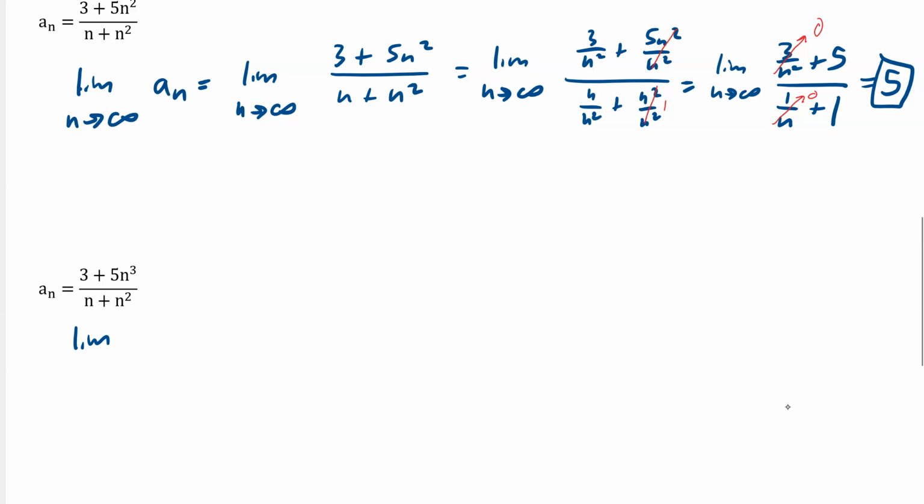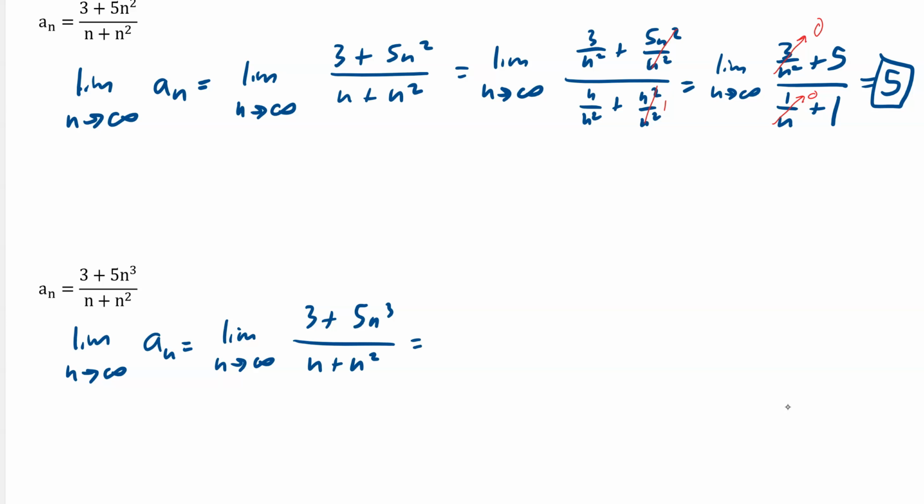We have the limit as n approaches infinity of a sub n, equal to the limit as n approaches infinity of 3 plus 5n cubed over the same denominator. All I've done here is change it to n cubed. If you remember with our rationals, when the top is bigger than the bottom, we get a slant asymptote, so this is going to give us something different. So it's 3 over n squared plus 5n cubed over n squared.